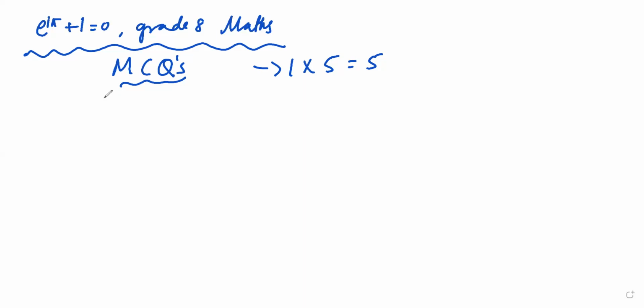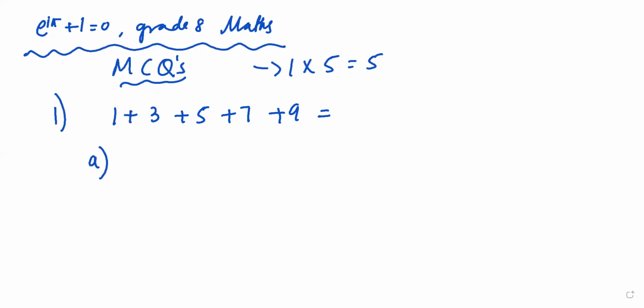So let's just take an example here. If I say 1 plus 3 plus 5 plus 7 plus 9, let's say, and I say that is equal to, and I give you 4 options.